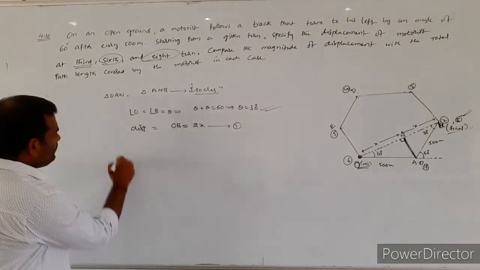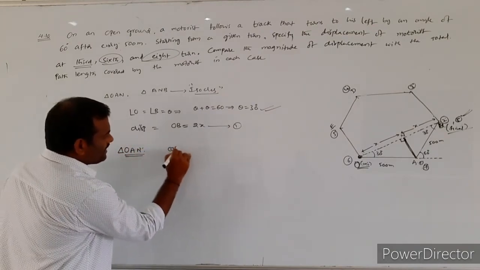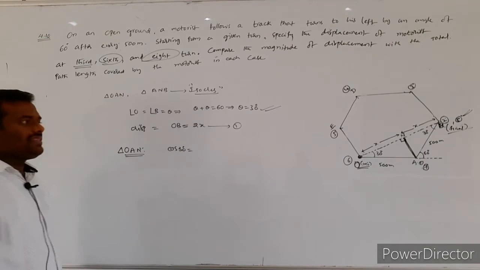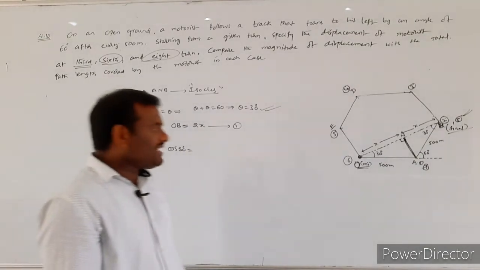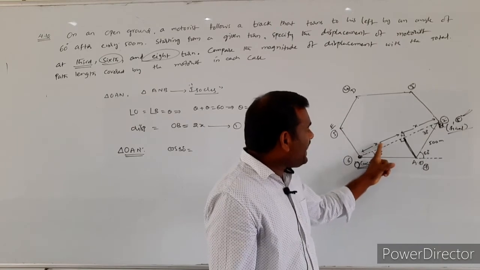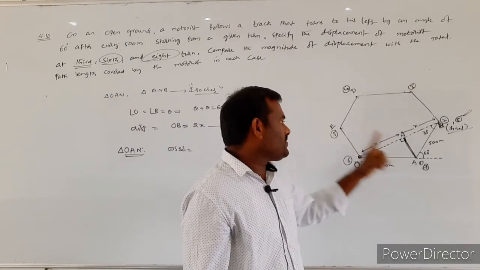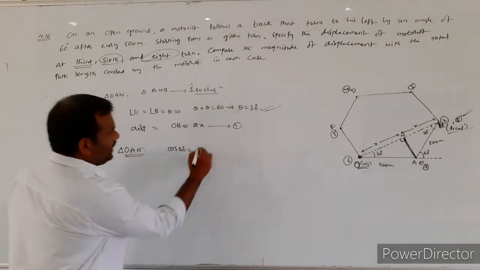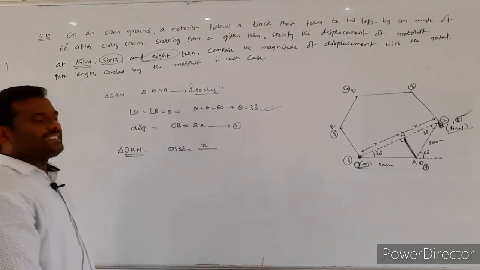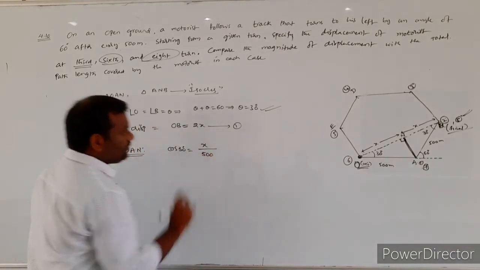From the triangle OAN, cos 30 is equal to adjacent side by hypotenuse. This is the adjacent side, this is the opposite side, and this is the hypotenuse. So cos 30 is equal to x by the hypotenuse value.